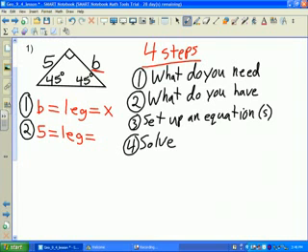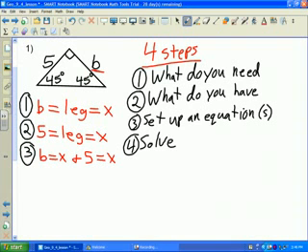Which is also a leg, like I was saying, which is also equal to x. And our third part is to set up an equation now. Well, let's think here. We know b is equal to x, and 5 is equal to x.